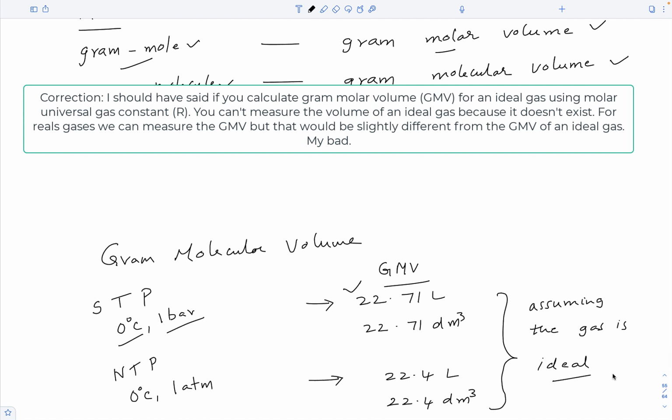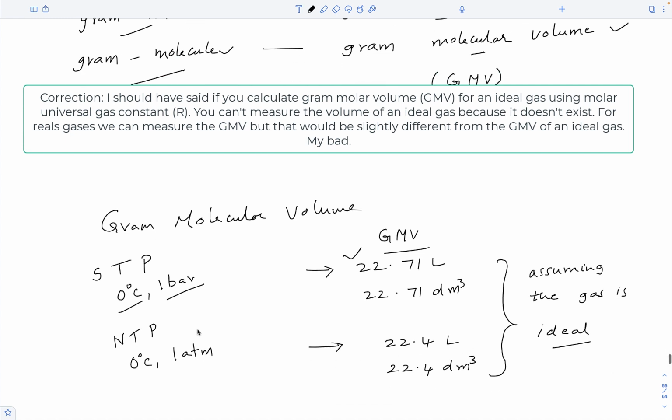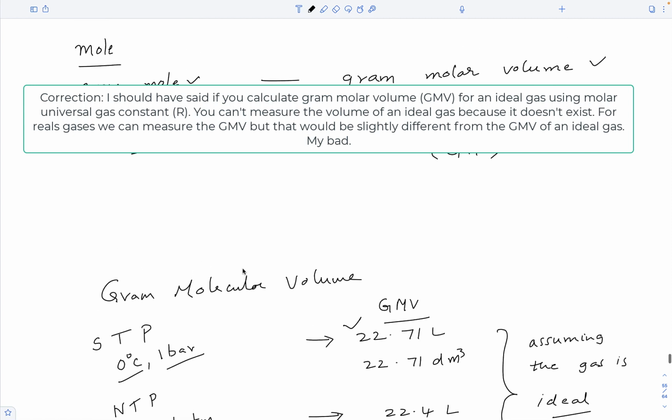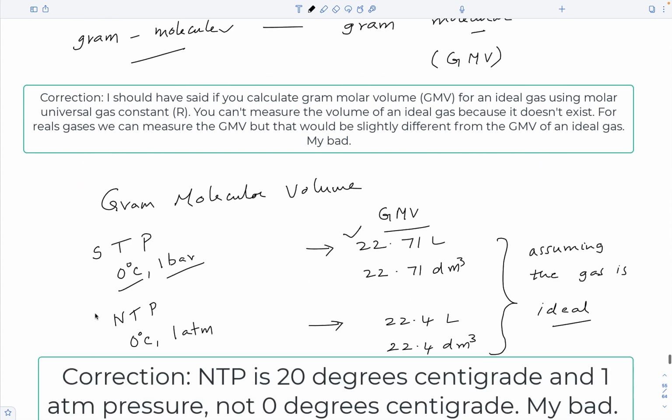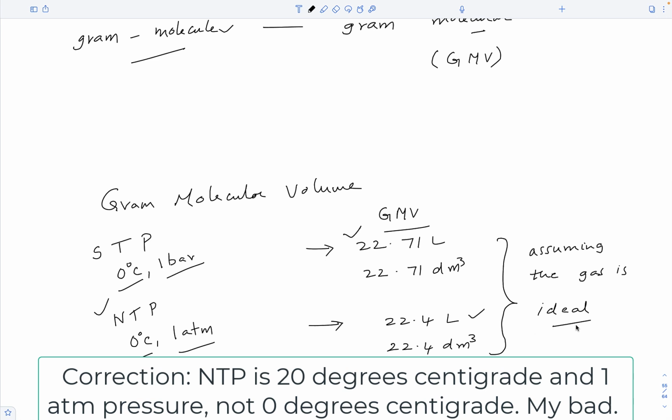We will discuss what an ideal gas is later. But if you measure the volume of 1 mole of a gas at NTP, normal temperature and pressure, that is at 0 degrees centigrade and 1 atmosphere pressure, its value is 22.4 liters. Again, assuming the gas is ideal.